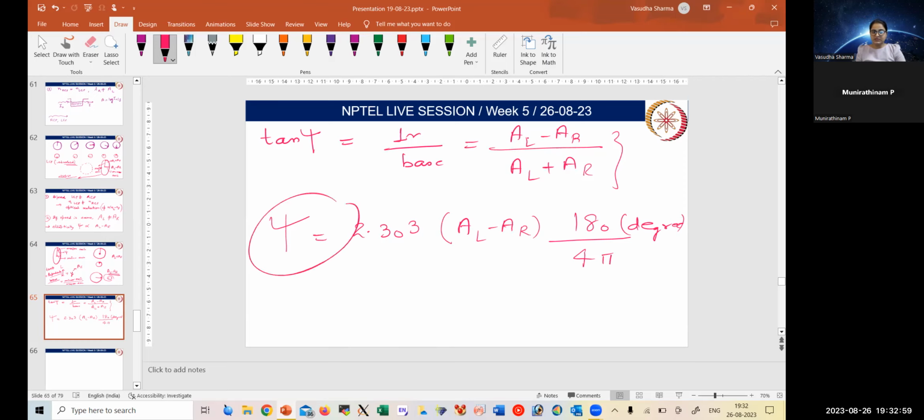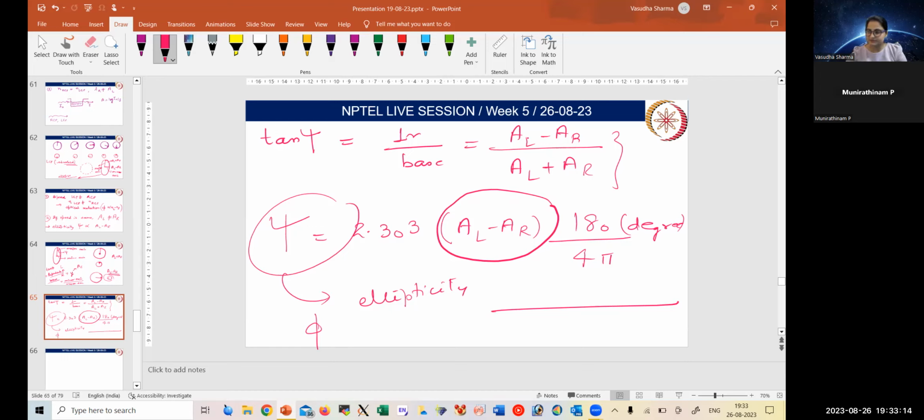So this way we calculated the ellipticity. The way we had phi depending upon the refractive index, this is psi depending upon the absorbance of your LCP and RCP. And this is the formula that we have to use. So is that clear? That is how the plane polarized light interacts with your molecule, if it is chiral, and how we can quantify.